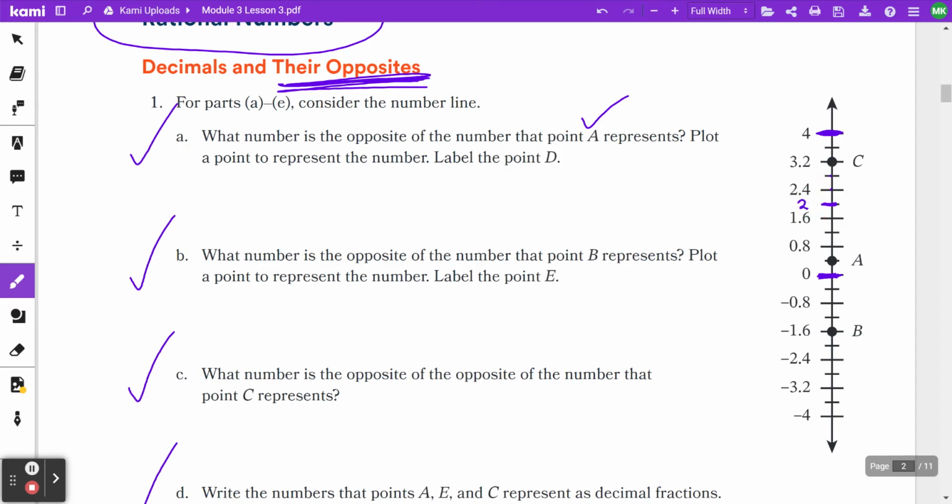Let's see. 1, 2, 3, 4, 5. 1, 2, 3, 4, 5. Okay, so there's 2. And if I split those in half, hopefully I can find out where 3 is. I'm trying to find this interval here. If this is a 0.8 and this is a 0, this is probably a 0.4. So it looks like we're increasing by 0.4.